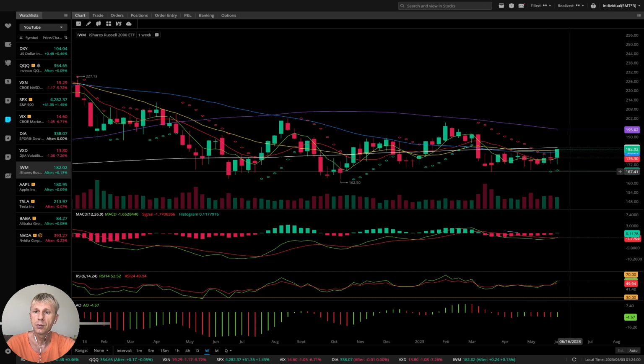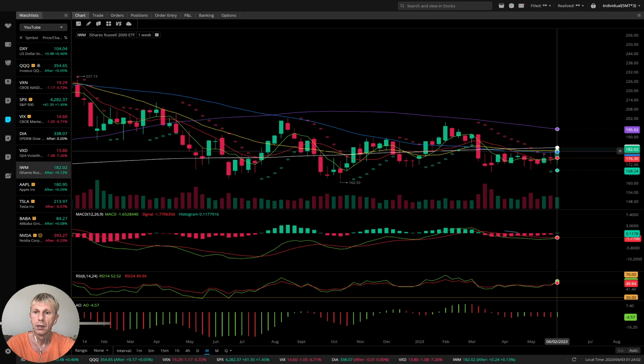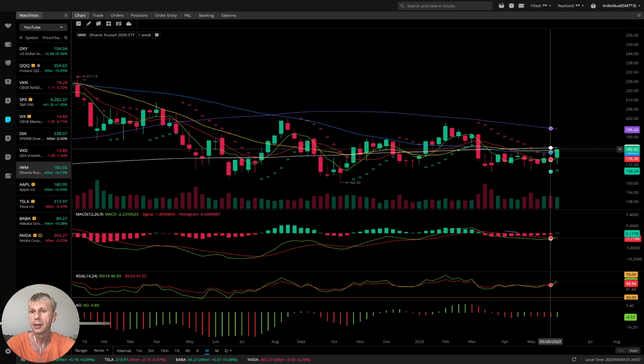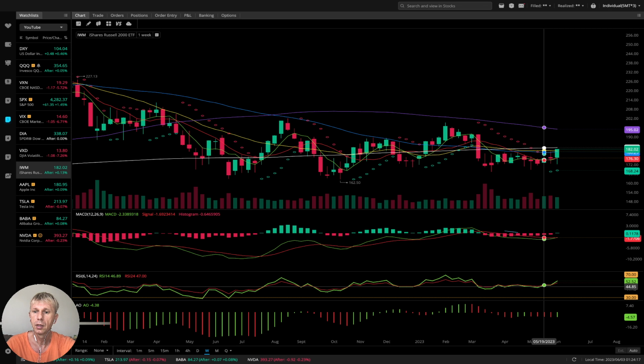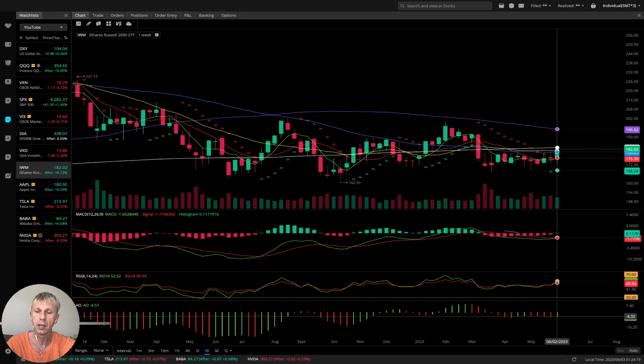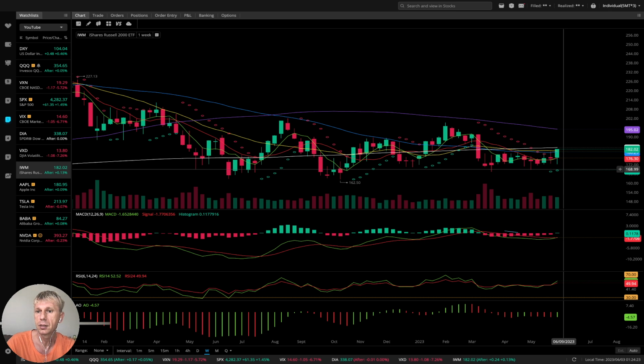Still, last week it was more positive. Last bar it touched 200, connected back to 200 and to 20, and now it's at MA 200 level. It is positive, bullish. MACD did bullish crossover, RSI did bullish crossover, and awesome oscillator changed color from red to green.